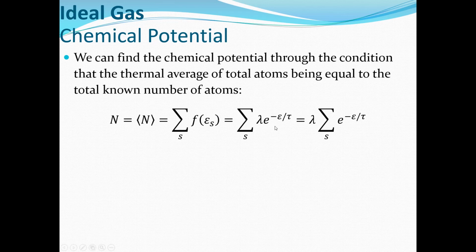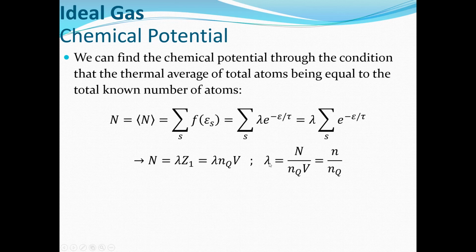So if we use our definition for the classical distribution, our equation ends up looking something like this. From here, we can replace this with the partition function, which ends up turning into this.